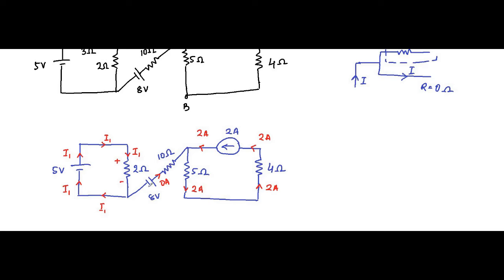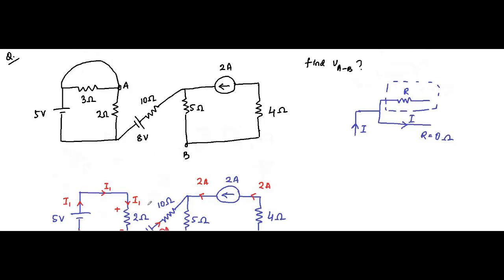Any current flow through this 8 volt and 10 ohm path will disturb this whole equation, the basic law of operation of electrical circuits. So that's why the current through this 8 volt and 10 ohm resistance path is 0. I have stressed this point in the previous questions also, where the same kind of situation came.